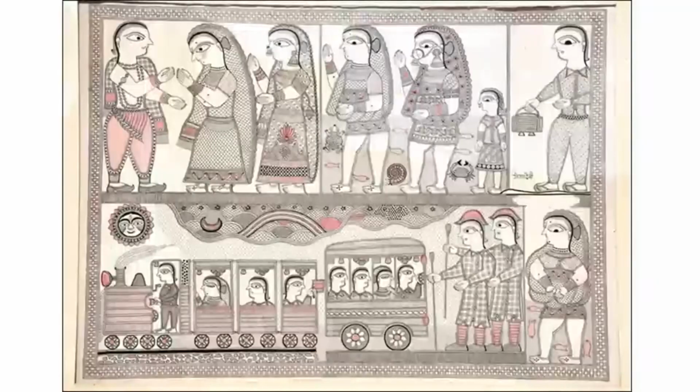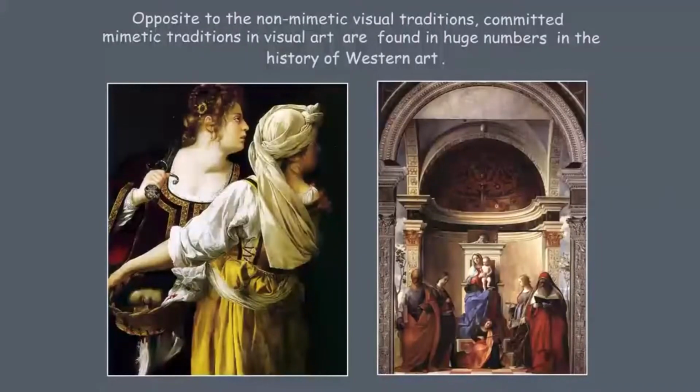It adopts a style that is independent and self-referent. It does not refer back to life, but it refers back to the visual language itself. So, in order to understand this kind of paintings, you need to read the visual language.